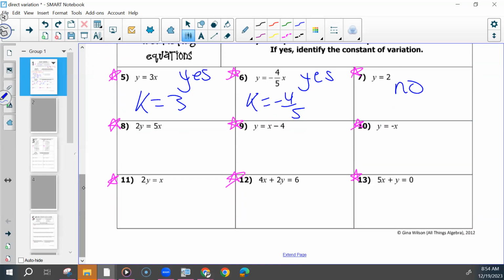Right, number 8, we have to solve, divide both of these by 2. So y equals 5/2x. Would that be direct? Yes. Your k value would be 5/2. What about 9?